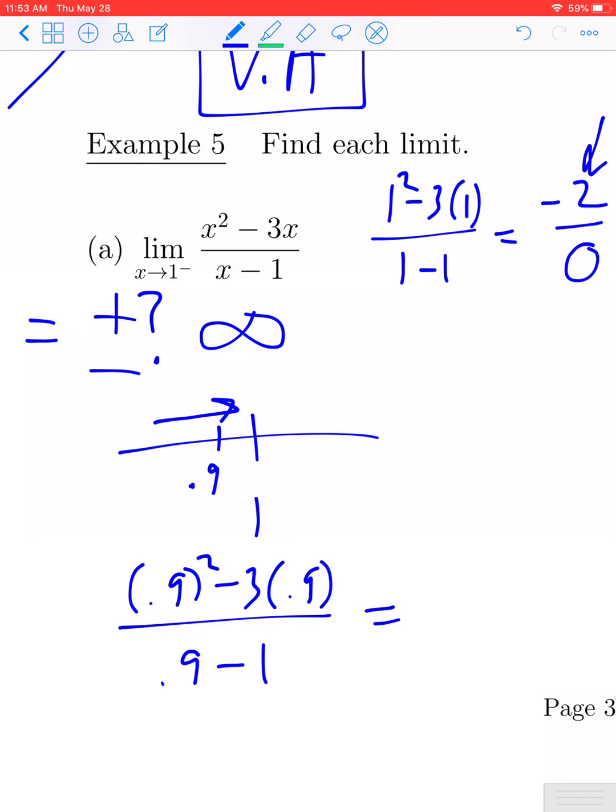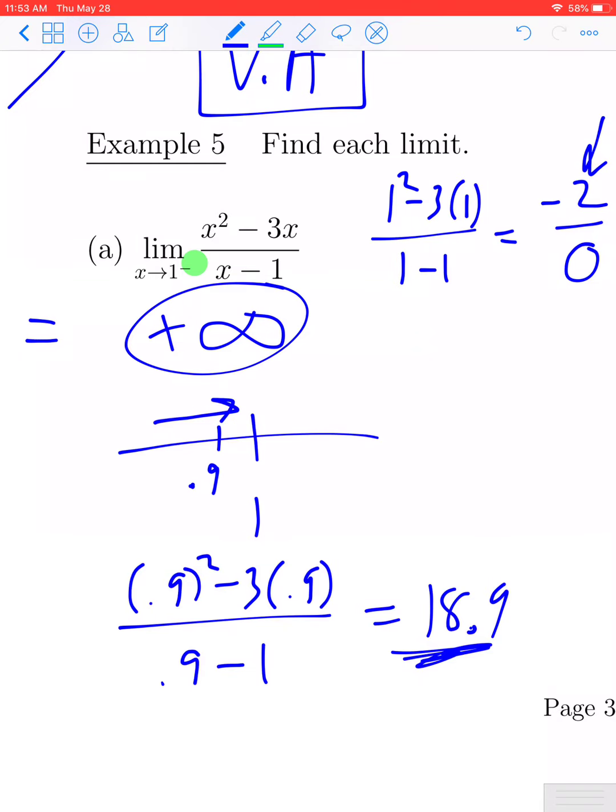And I'm getting the output 18.9, which is a positive value. In particular, because we know that the function is going to approach an infinity, by choosing a value sufficiently close on the left-hand side, because we're looking at the left-hand approach here, as x approaches 1 from the left, the sign of that output will tell you which of the infinities it's going to approach. So this will end up approaching positive infinity.